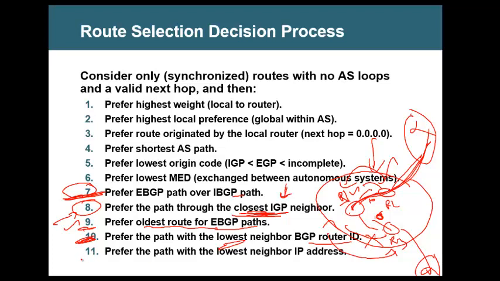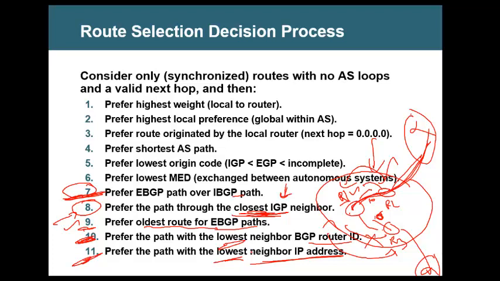In that situation, it prefers the neighbor whose IP address is lower. Whether it is in the WAN or a LAN, the IP address will be unique for every device. So every device will have a different IP address. So it prefers the path with the lowest neighbor IP address.